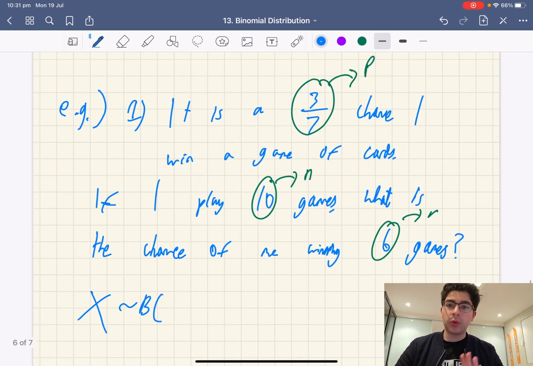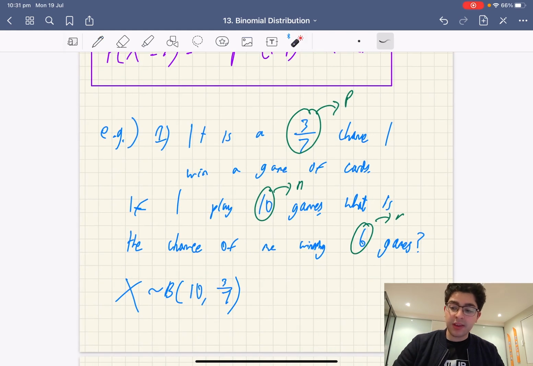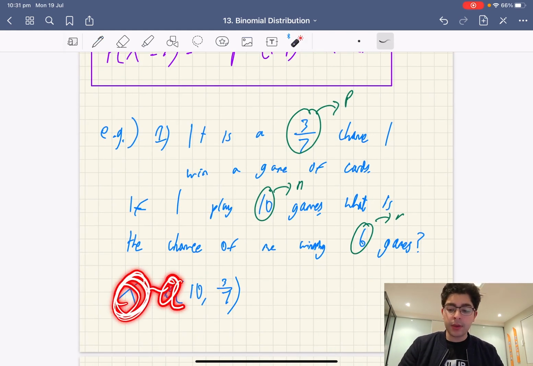Now we write down two things: the number of games and the probability. The number of games we're playing is 10. The probability is 3 over 7. So this is saying variable x is distributed binomially, we have 10 attempts and the probability is 3 over 7.